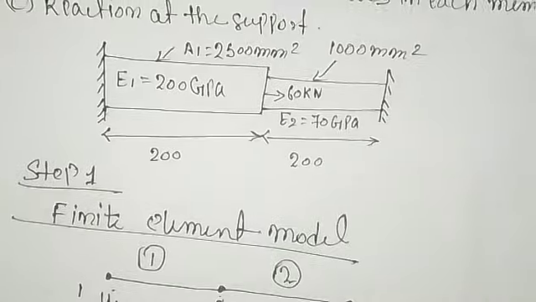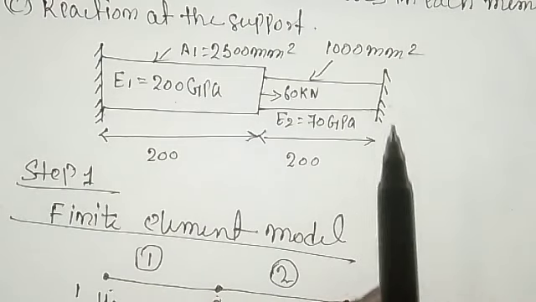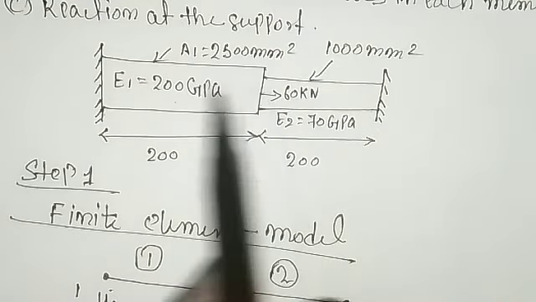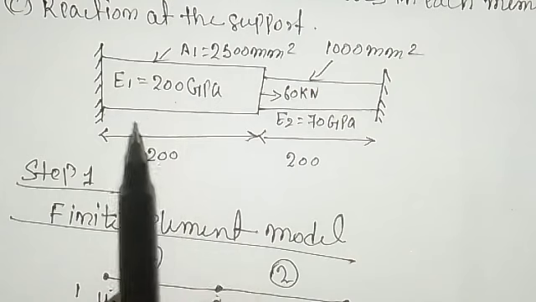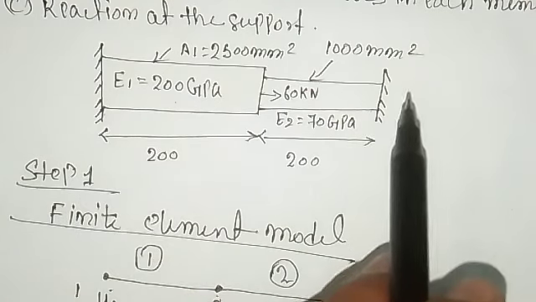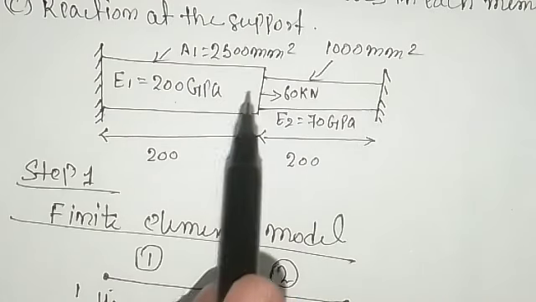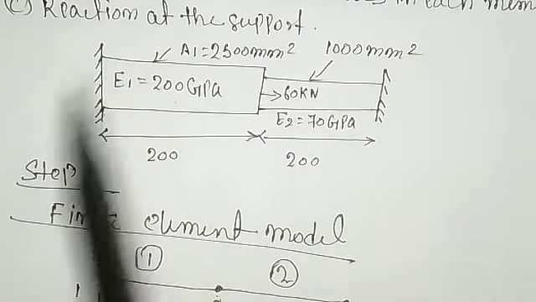The problem here is that node 1 and node 3 are fixed. It means that u1 and u3 will be 0. Why? Because as it is fixed, when the load acts on the element, there is no displacement at node 1. Similarly, there is no displacement at node 3. At node 2 we have a displacement, we have to find that.